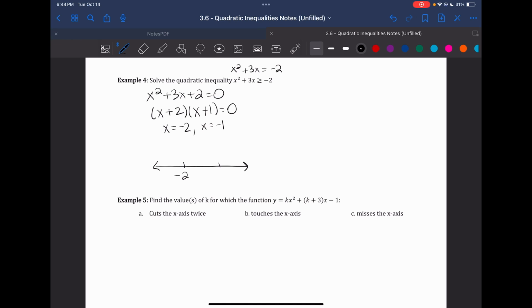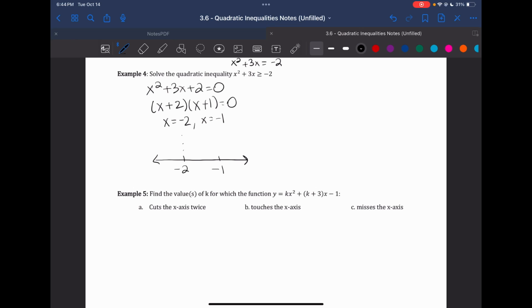So -2, -1. This one again is concave up as well. And then go ahead and add your symbols. So I put plus signs on the outsides and then a minus on the inside. And it's asking for when is it greater than.